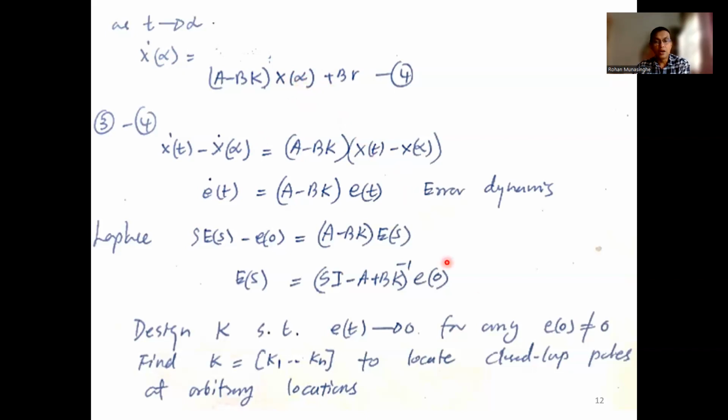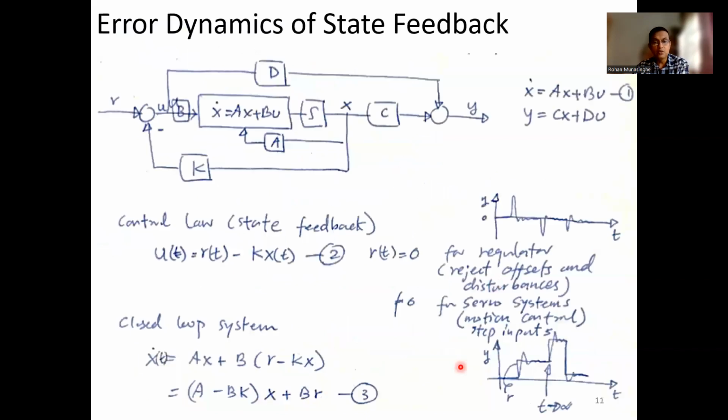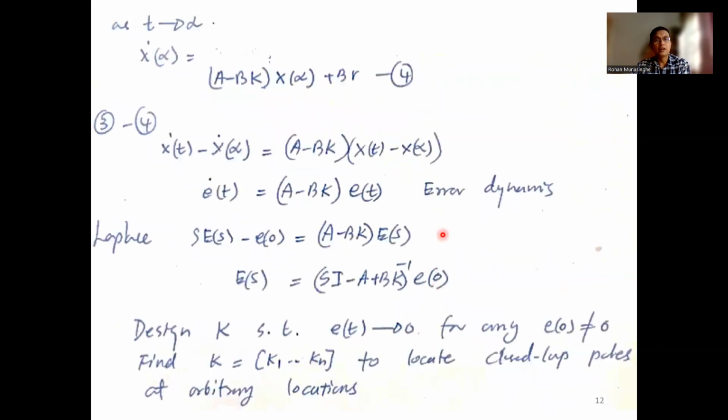And you will see x t, which is varying before it settles. So once you get the difference, x t minus x infinity, it is in fact error. This is error. This is error rate.